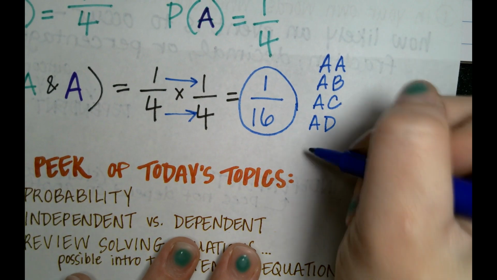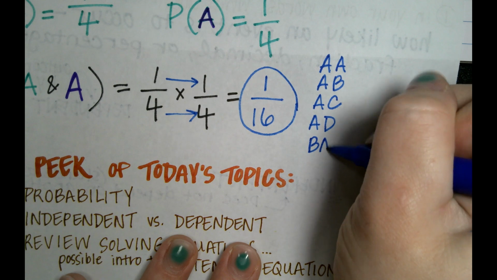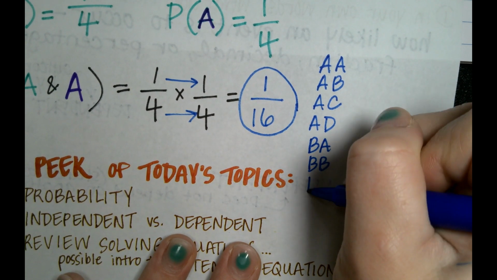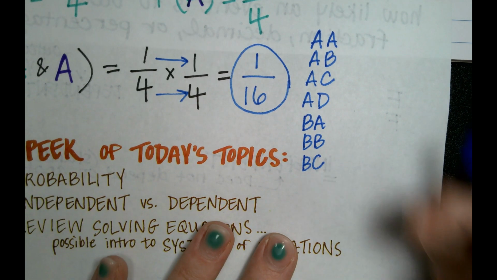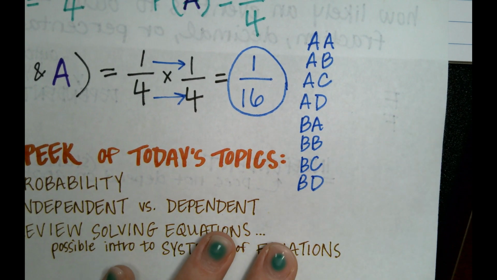What if I don't spin A first? I could spin B first, then A, B, then B, B, then C. You don't have to write this. I'm just going to show you where the 16 comes from. I could do B, then D. Okay?